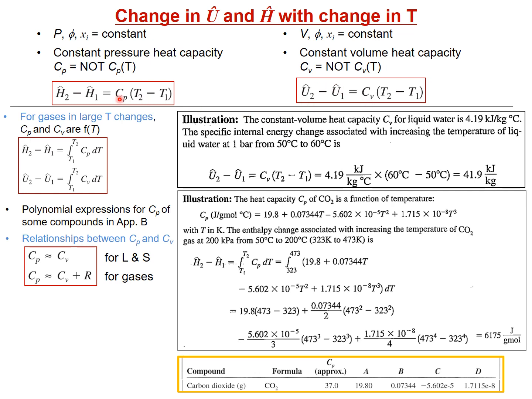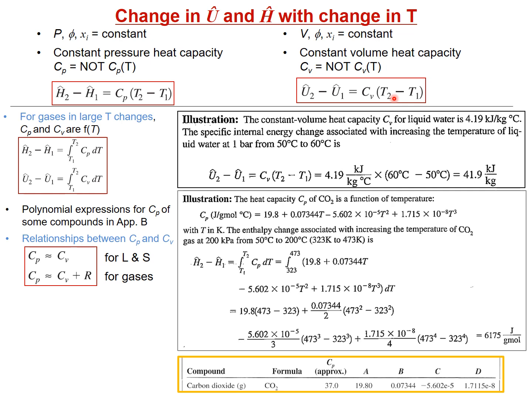More generally, the enthalpy change or internal energy change could be described by the integral of heat capacity with respect to temperature, because Cp could be a function of temperature. However, in many cases, Cp is constant over a wide range of temperature. So in that case, the first two equations are right.